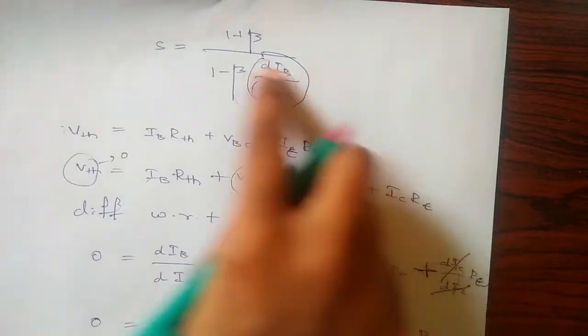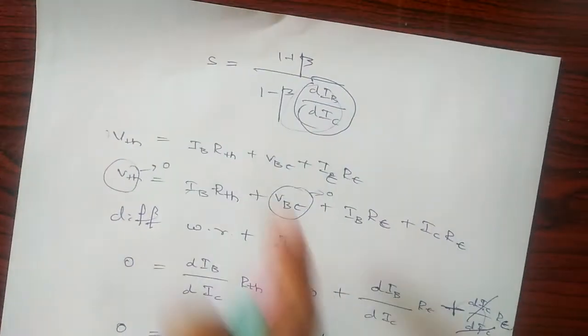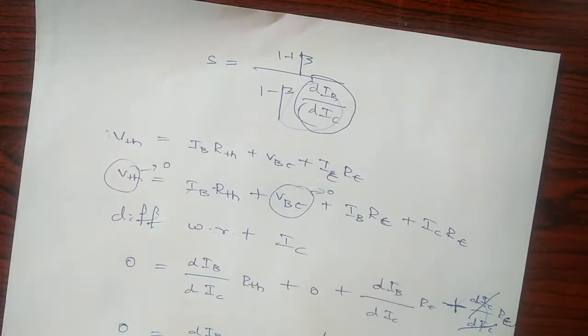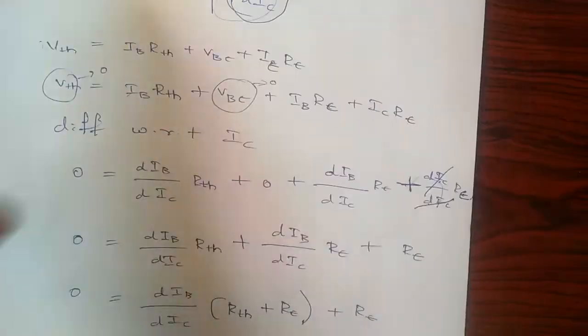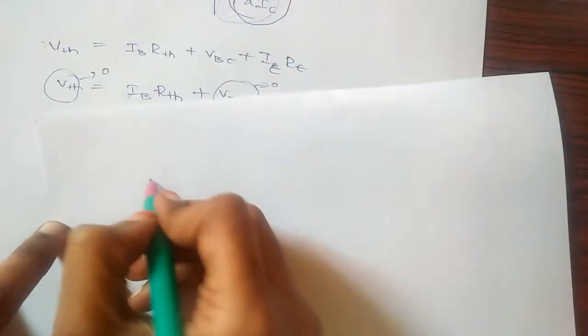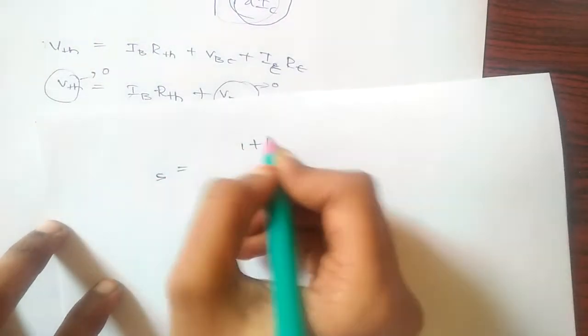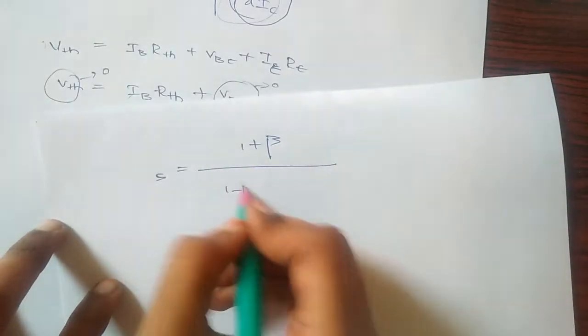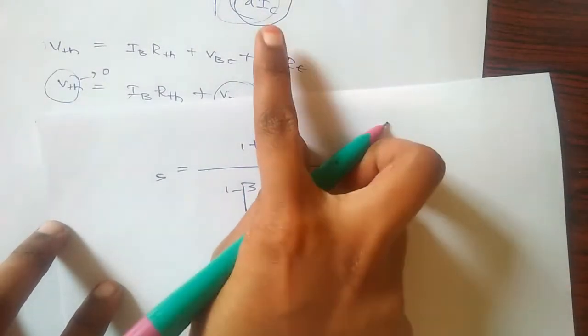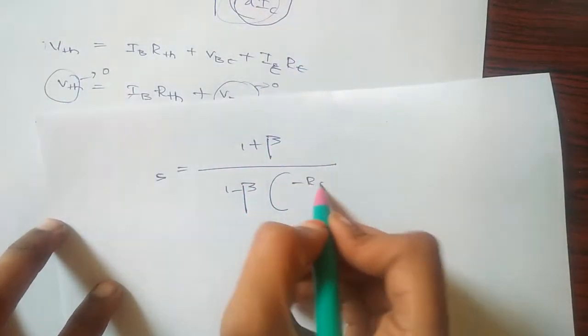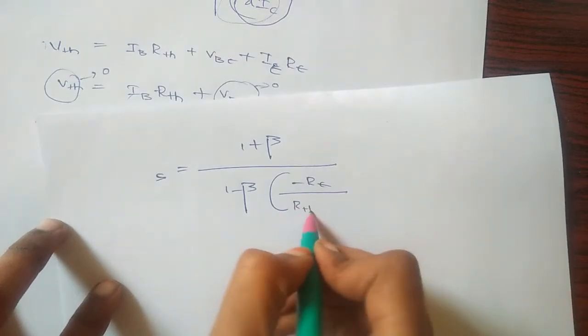Now we have to substitute this in the equation to find the stability factor in a self-bias. So let us substitute to get the stability factor. S is equal to 1 plus beta by 1 minus beta times dIB by dIC, and the value of dIB by dIC is minus RE by RTH plus RE.